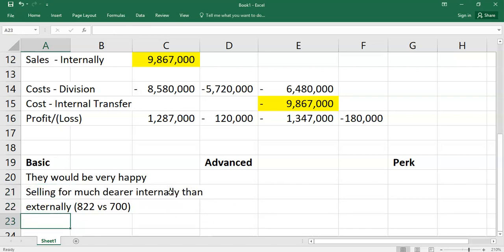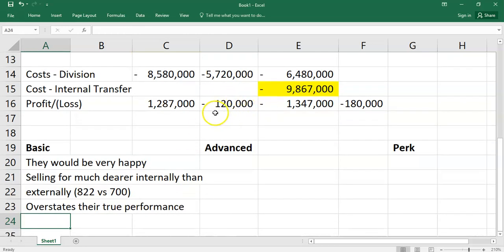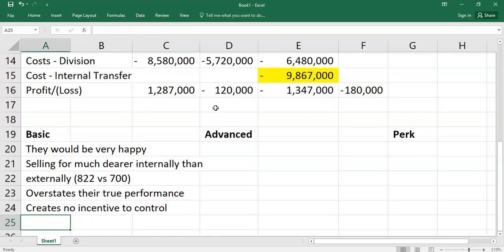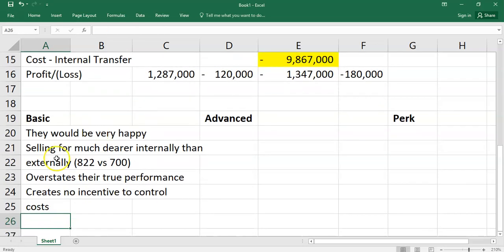Right? And it probably overstates their true performance. So by using this transfer price, they're not that profitable. The only reason they're profitable is you have a hugely inflated transfer price. Right? And it also creates no incentive to control costs. Now that's an important one I want you to think about.